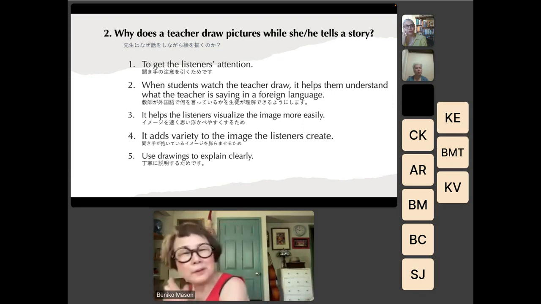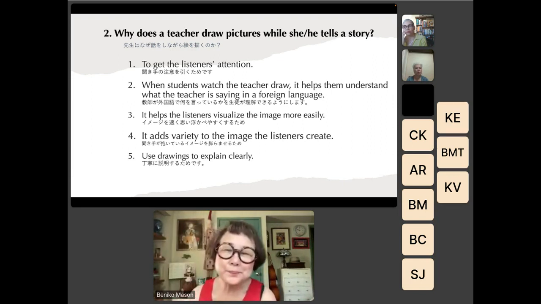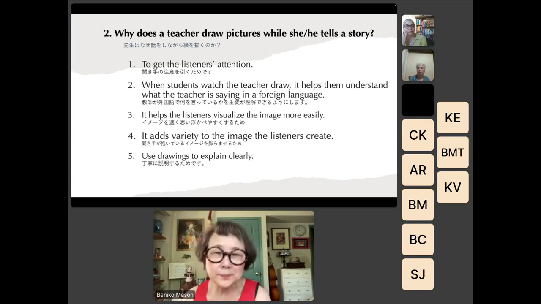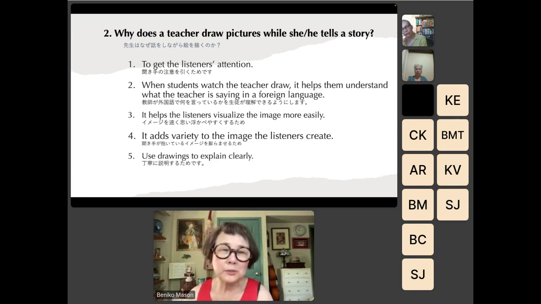And so it helps. Number three, it helps the listeners visualize the image more easily. I will explain about this more later, but when we see the picture, it's easy to visualize in our head or in our mind.